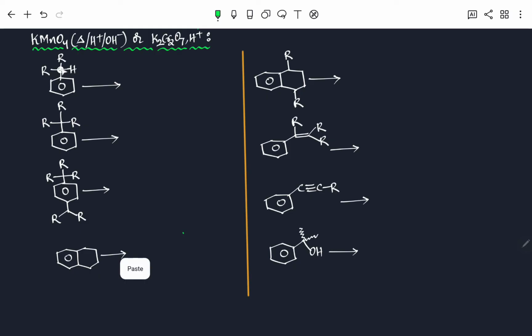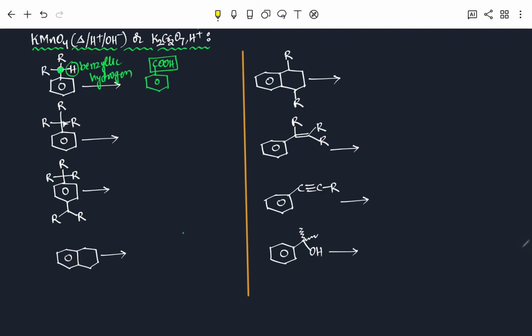The first example, the carbon next to the benzene is benzylic, and this hydrogen is benzylic hydrogen. When benzylic hydrogen is present, the entire carbon chain will be converted into carboxylic acid. The entire carbon chain will be converted into carboxylic acid.